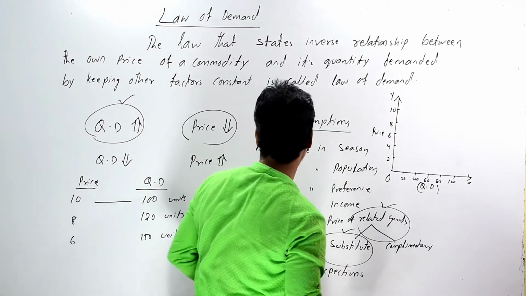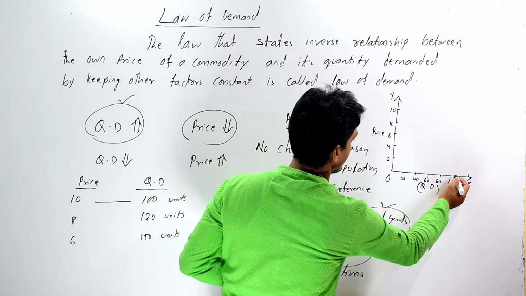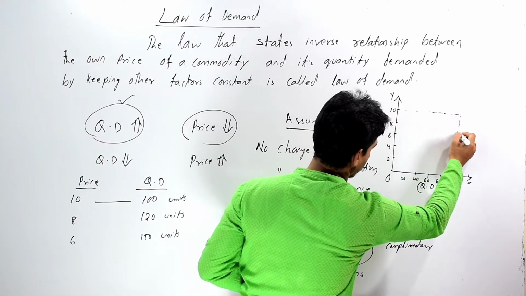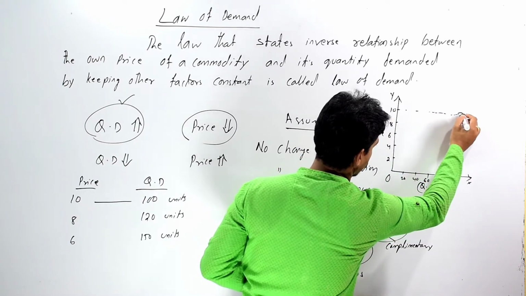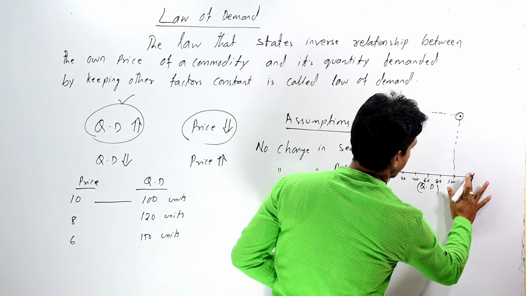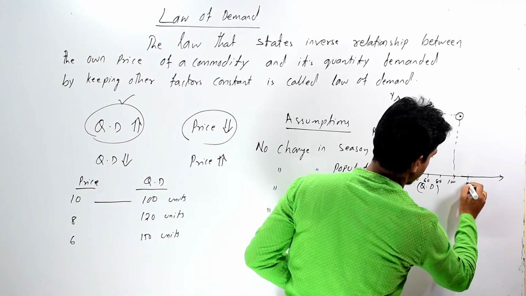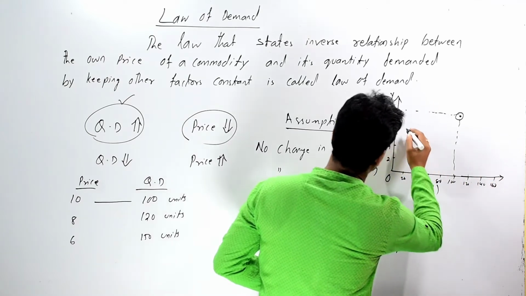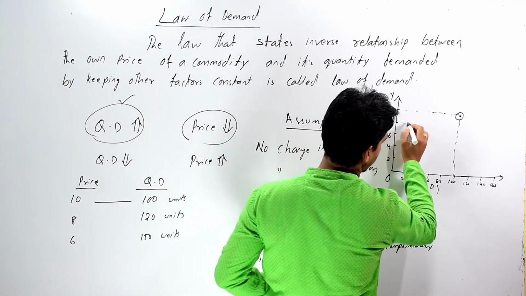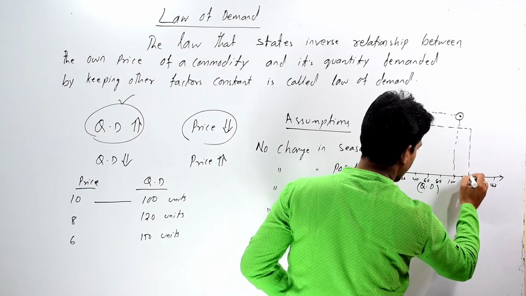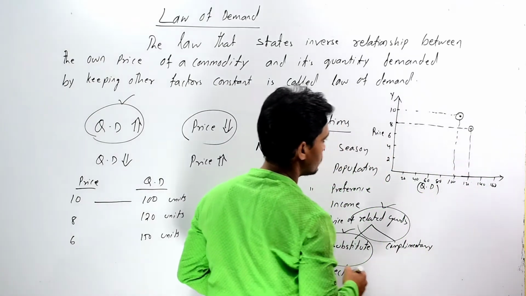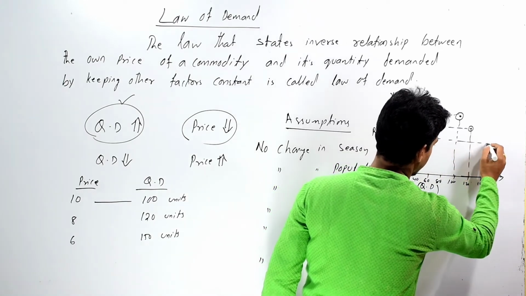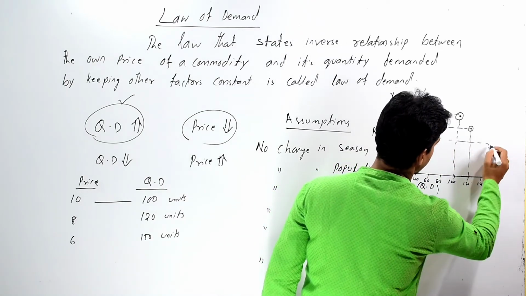When price is 10, the quantity demanded is 100 units. So our point should be here. When the price is 8, then quantity demanded is 120 units. So the point should be here. And when the price is 6, then quantity demanded further increases to 150.